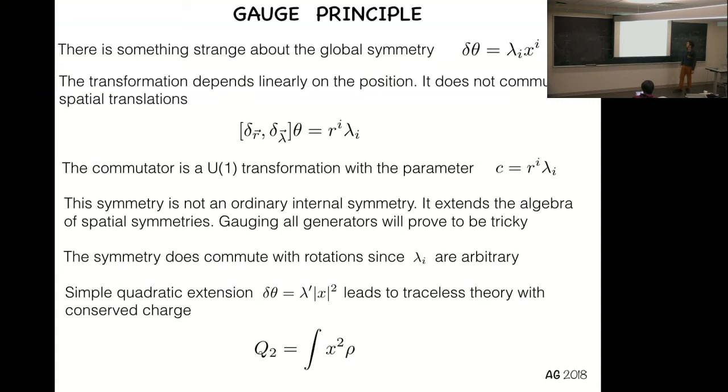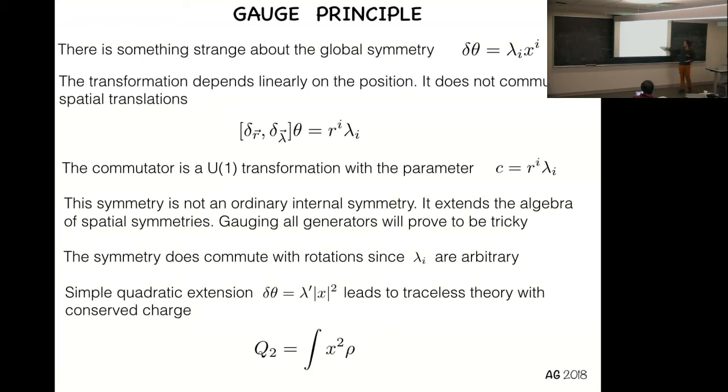Now, what this really means, if you look at the big picture, is that this type of transformation extends the algebra of spatial symmetries. Usually, I would have an algebra of spatial symmetries, Poincaré or Euclid or whatever have you, and I would have internal symmetries, and they don't talk to each other. Whereas here, they are really intertwined.